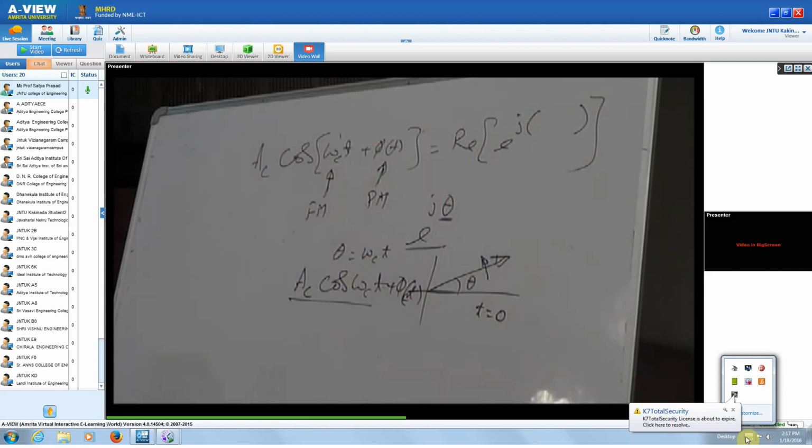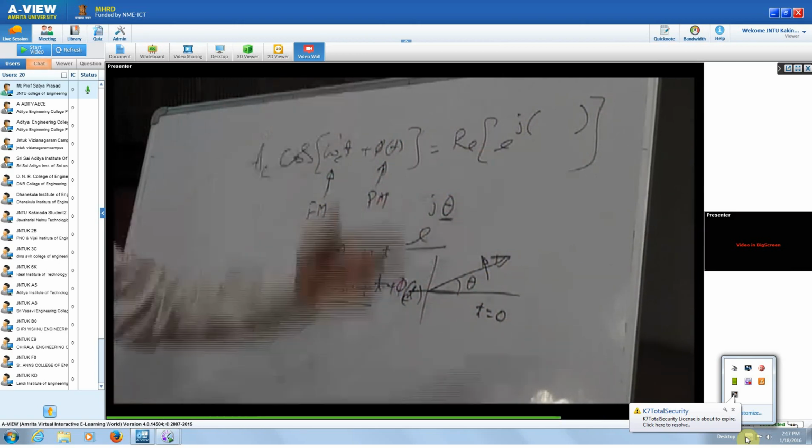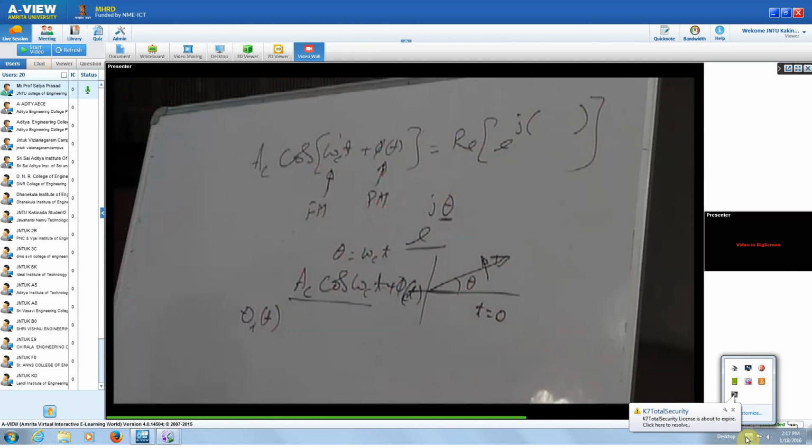So if we have this theta i(t), which is changing linearly or monotonically, right? So this angle is changing linearly with respect to your input signal.